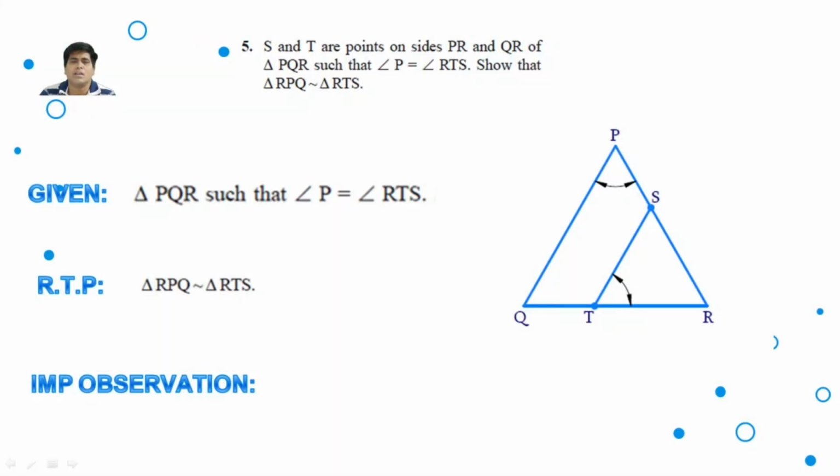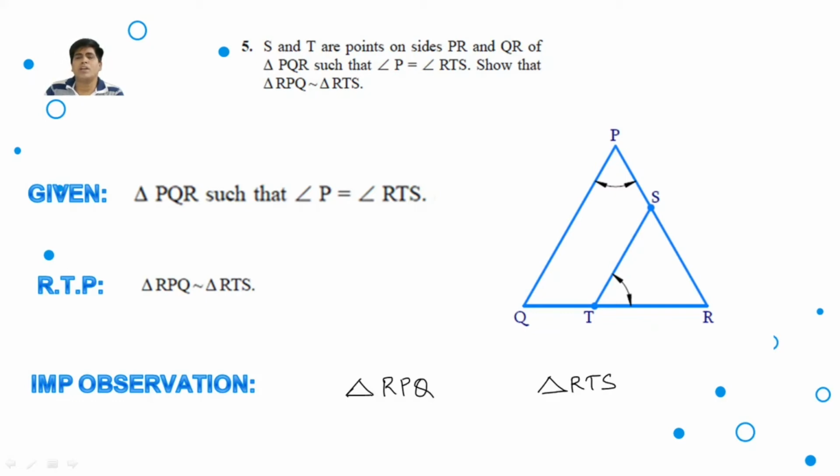Based on the given information, I wrote the given statement as well as what is required to prove. Now, a very important point: we have two triangles, RPQ as well as RTS.